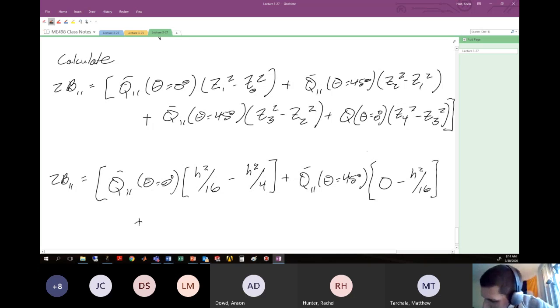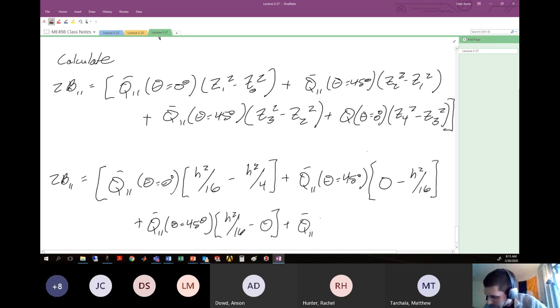All right, now we're adding Q bar 11 for theta equals 45 degrees, continuing with our thickness contributions. Here now we have z3 squared minus z2 squared. z3 is at location h on 4, so this will become h squared on 16 minus z2, which is at 0, plus Q bar 11 for the angle theta equals 0 degrees.